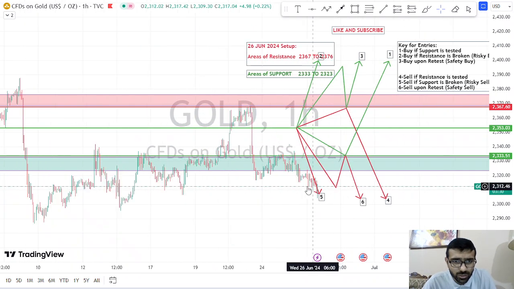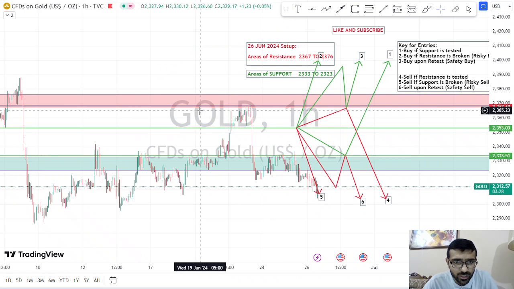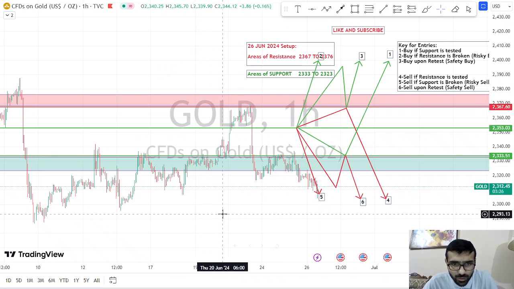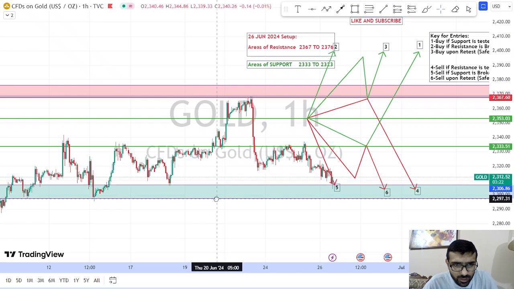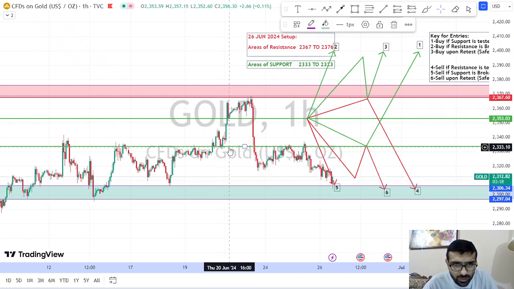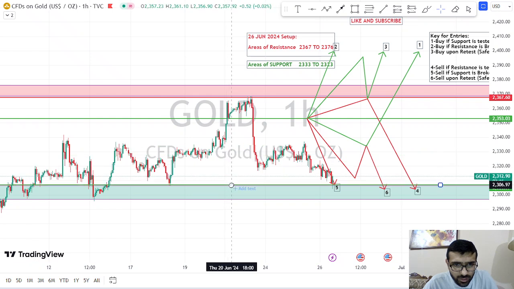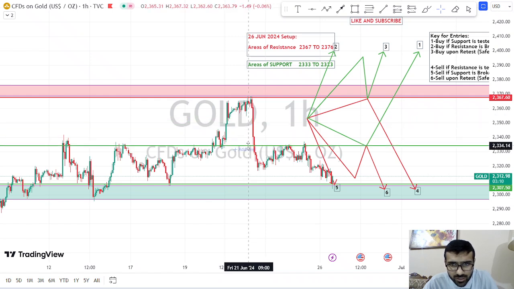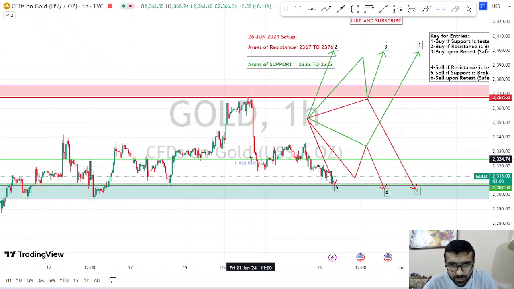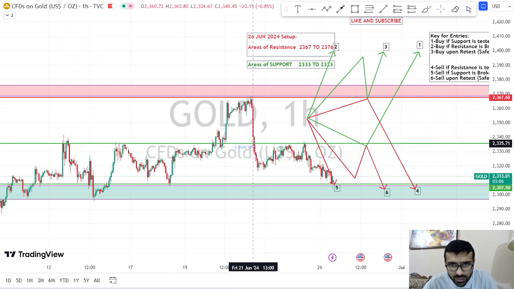Okay, so the new area of support will now be approximately over here. Yes, so this will now become the major area of support, and the area of resistance that we are going to face is approximately this area.